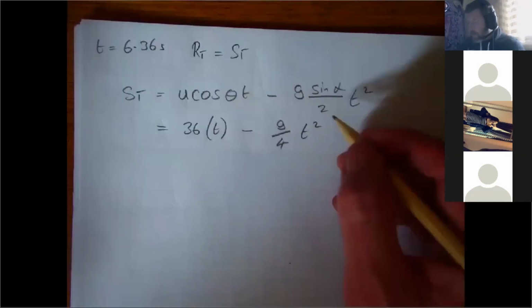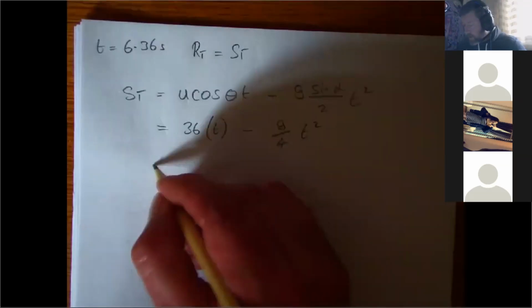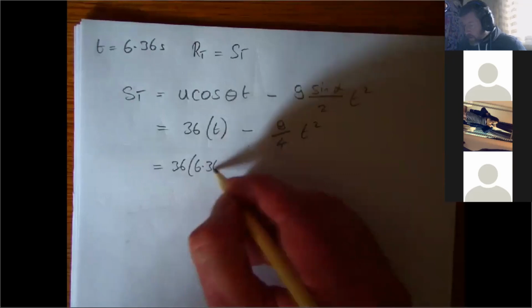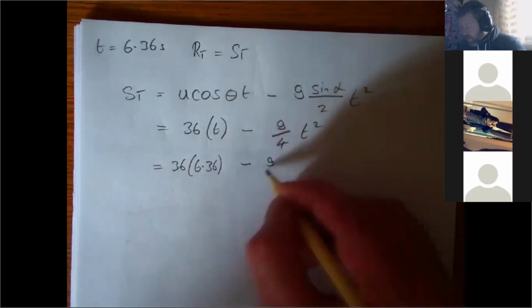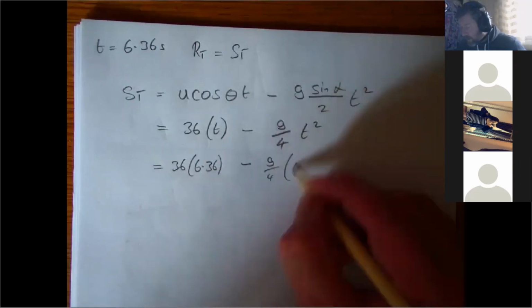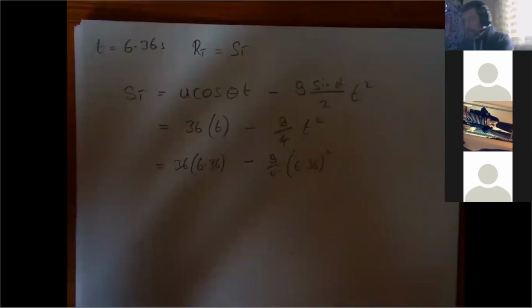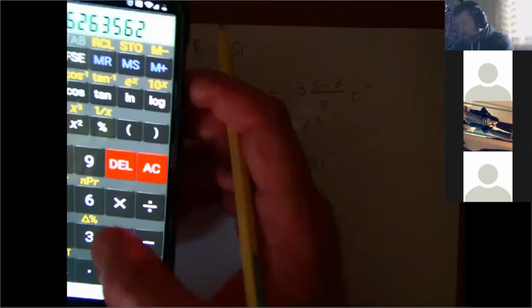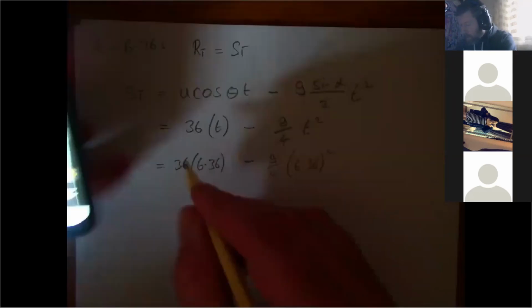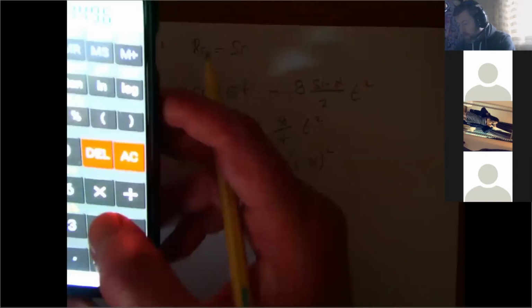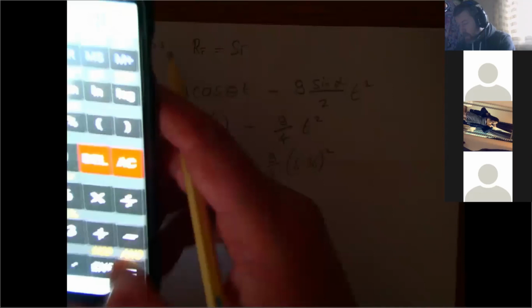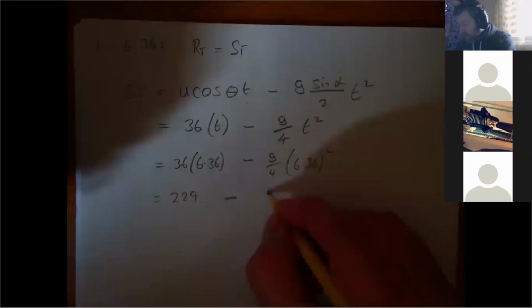So now that's equal to 36 times 6.36 minus g over 4 times 6.36 squared. 36 times 6.36 equals 229 meters, minus 6.36 squared times 9.8 divided by 4, which is 99.